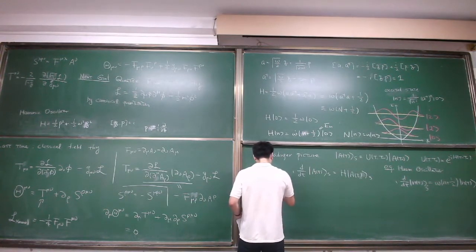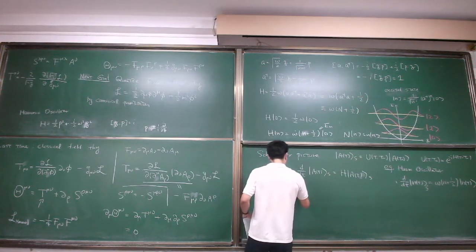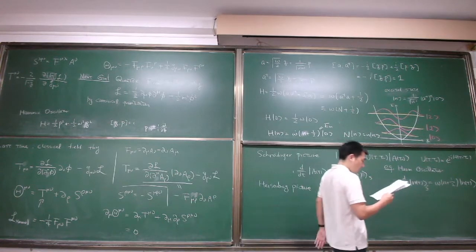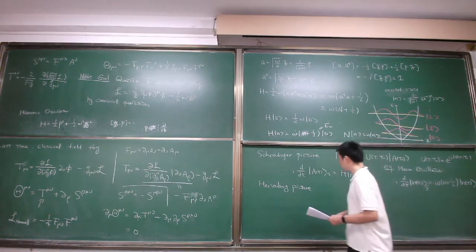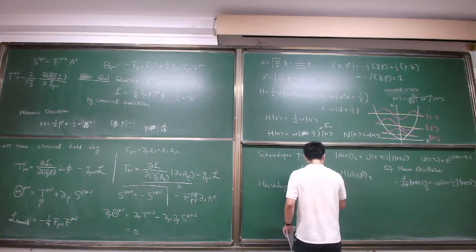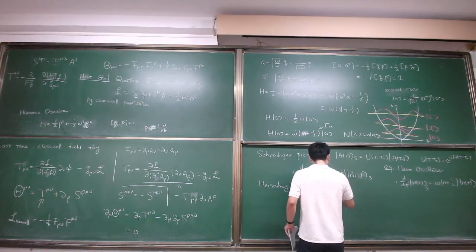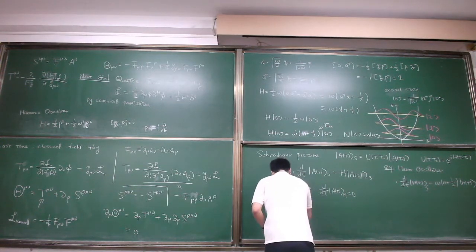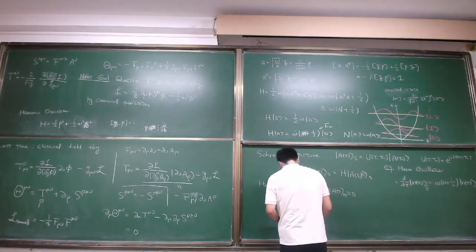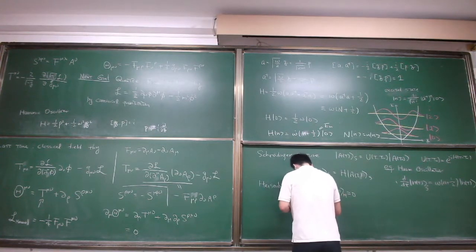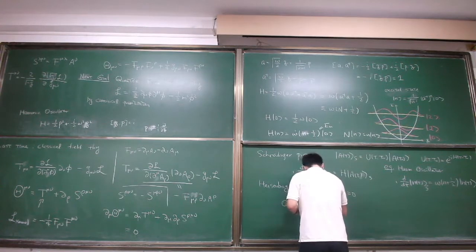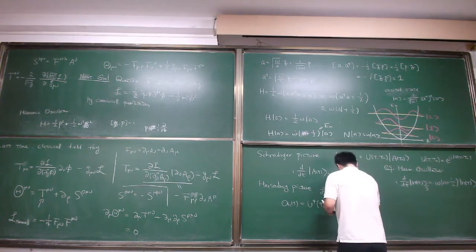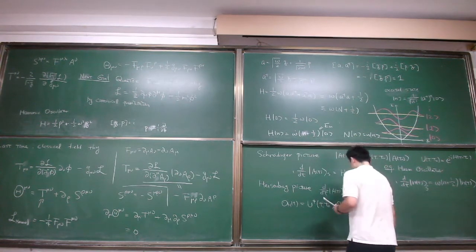Heisenberg picture. Instead, we fix the state, and then the operator will change as time goes by. So we fix the state, so there is no change in the state in the Heisenberg picture, but the operator h of t is equal to, you just use the unitary transformation with the Schrödinger unitary operator, like this.